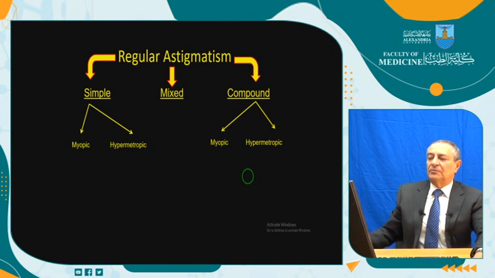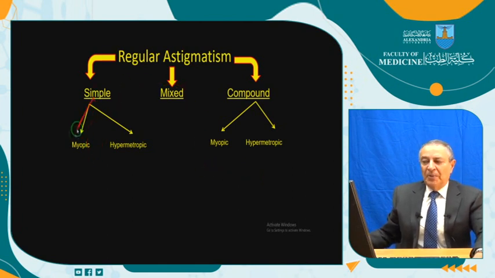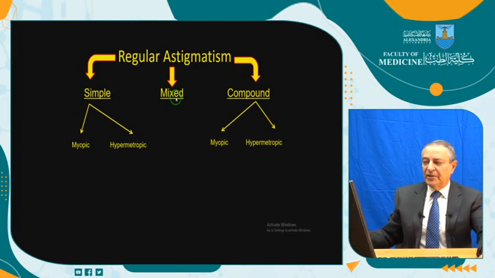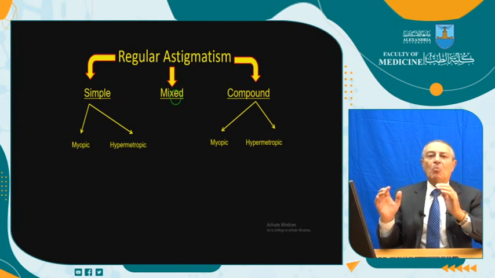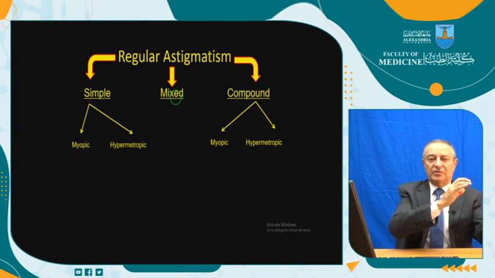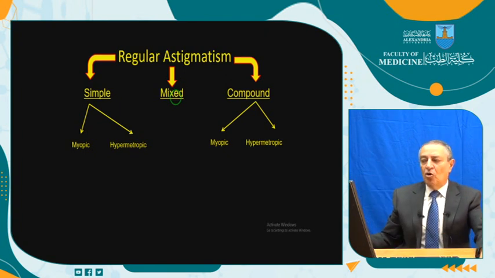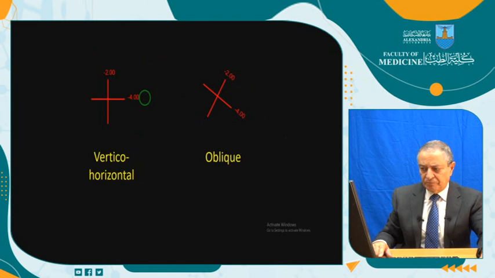These are the 5 types we spoke about: simple myopic astigmatism, simple hypermetropic astigmatism, mixed where one is in front, one behind the retina, compound astigmatism, both in front of the retina, this is compound myopic, both lines behind the retina, compound hypermetropic.